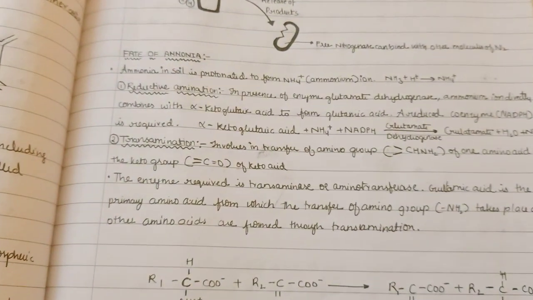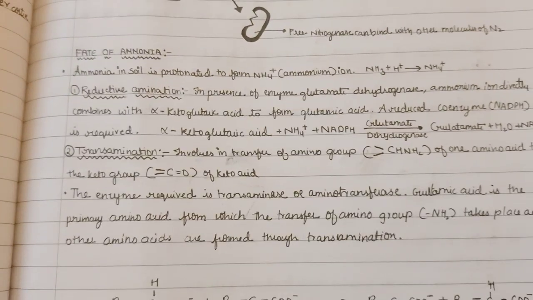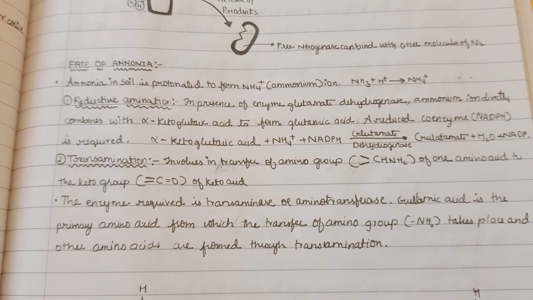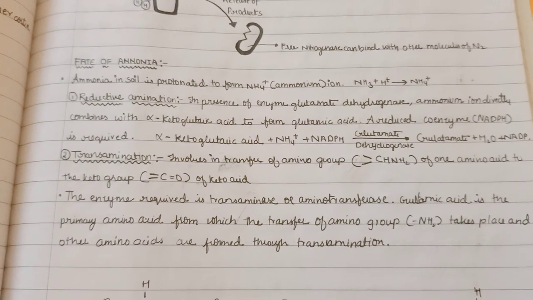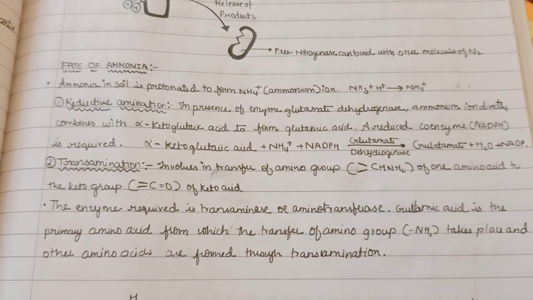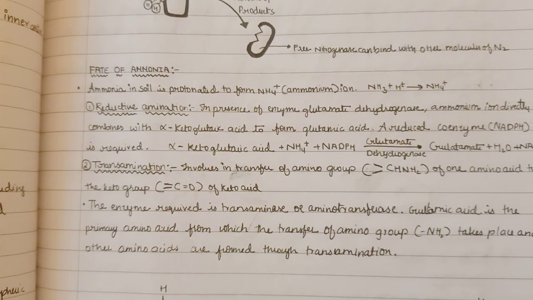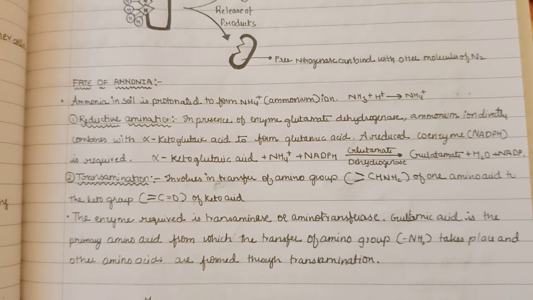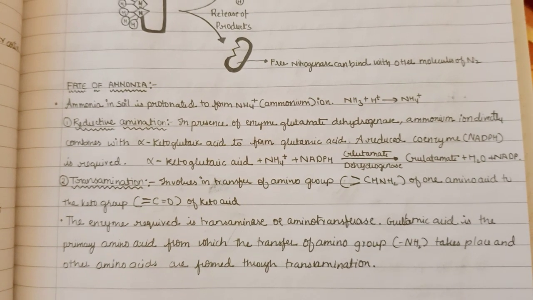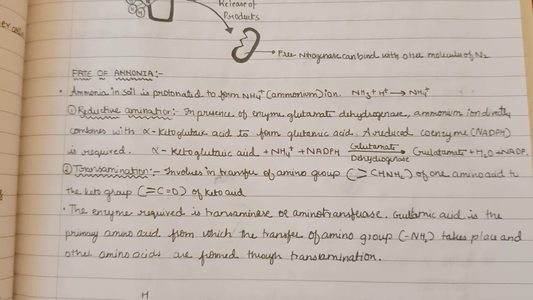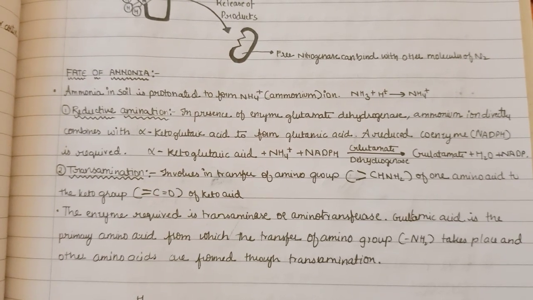Now let us move on to the fate of ammonia. Ammonia in solution is protonated to the NH4 plus ammonium ion. Here NH3 plus H plus gives rise to NH4 plus. First is reductive amination. In the presence of the enzyme glutamate dehydrogenase, the ammonium ion directly combines with alpha ketoglutaric acid to form glutamic acid.